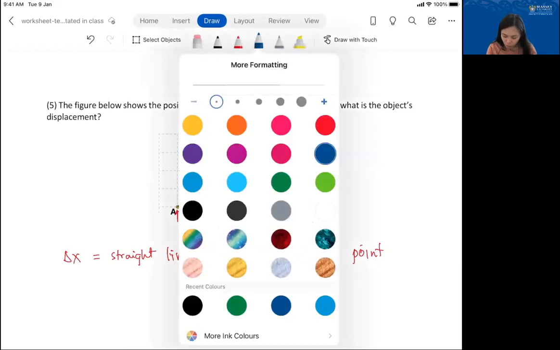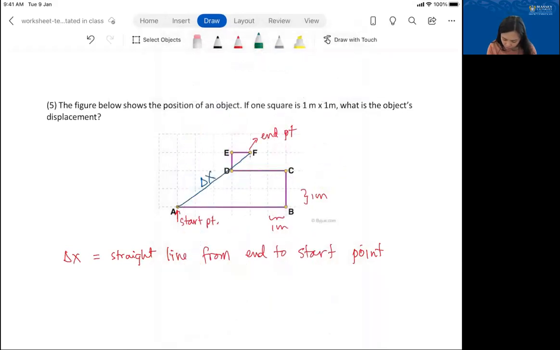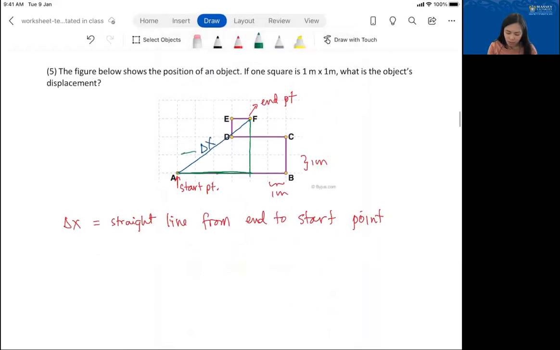So if you connect these points, then you can form a right-angled triangle with the displacement as the hypotenuse of the right-angled triangle. You can figure out what the sides of the triangle are because you're given that 1 square is 1 meter by 1 meter.